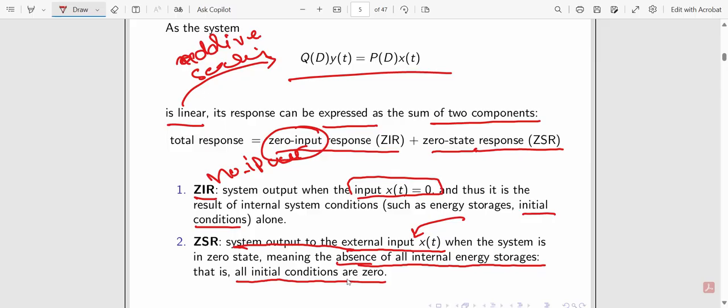So very simply, zero input response means the output is because of the internal storage of the system, whatever you get is because of its initial conditions. Zero state response means the output is because of the input and there is no internal storage.